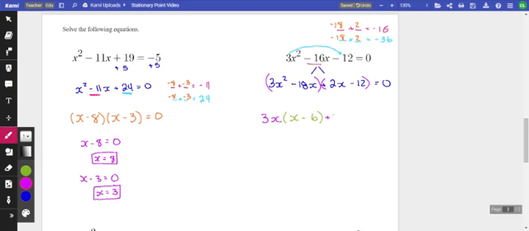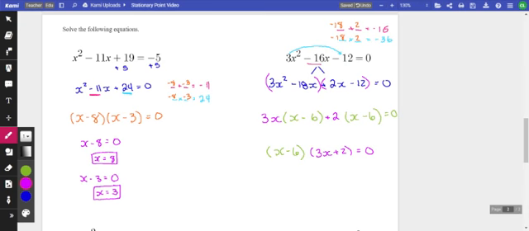So I can pull out a positive 2. And it leaves me with an x minus 6. So we know we're on the right track when what's inside our brackets is the exact same. So now I can factor out one copy of x minus 6. And that leaves me with 3x plus 2.